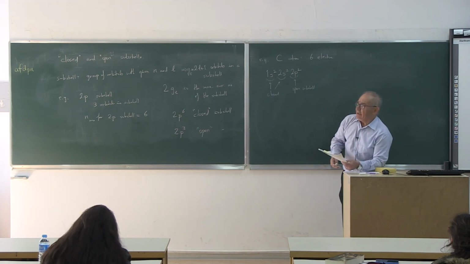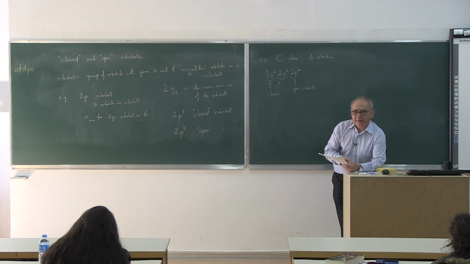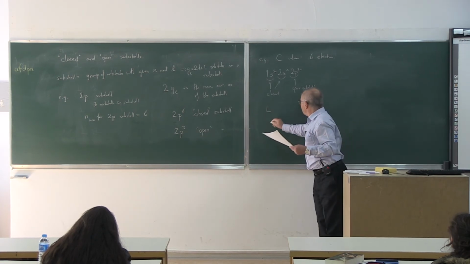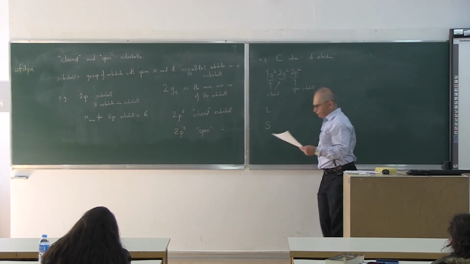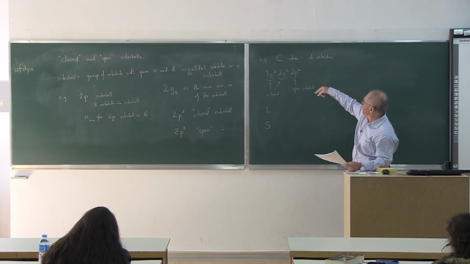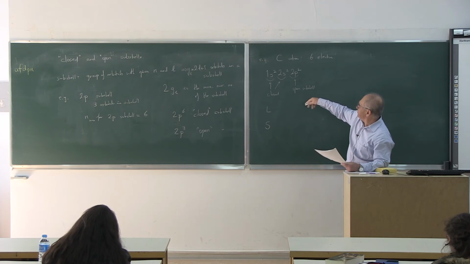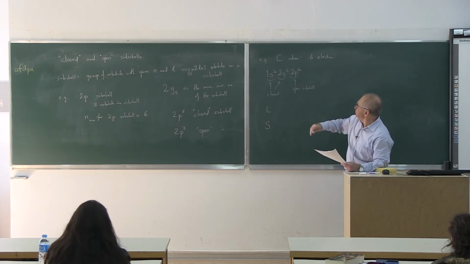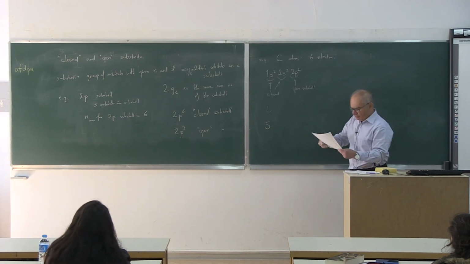Now, there are simple rules for determining total L value and total S value by looking at the given electron configuration and making some deductions from the electron configuration.